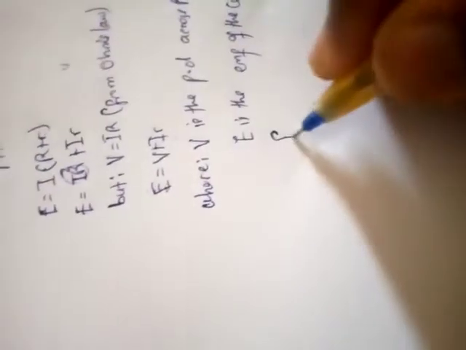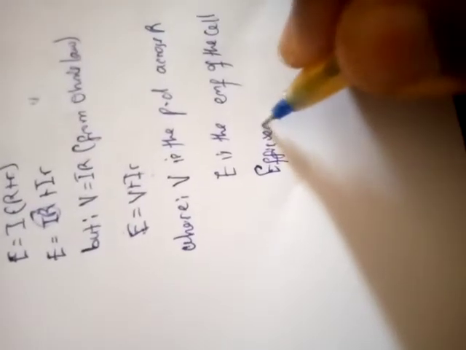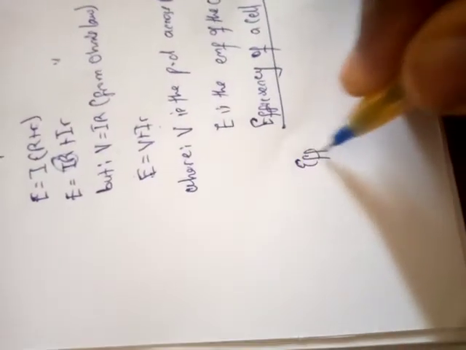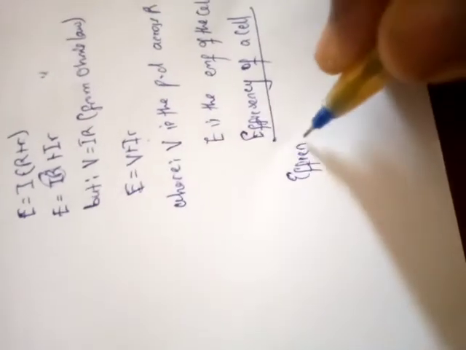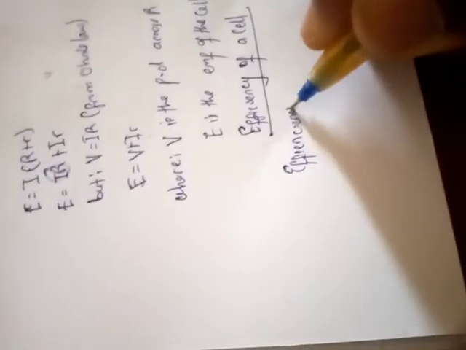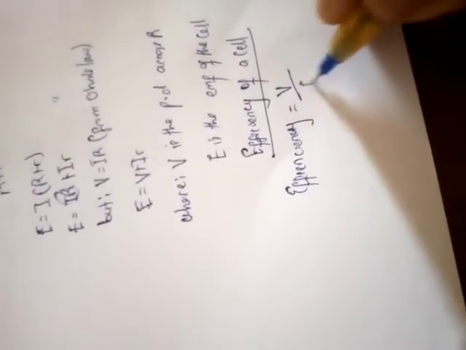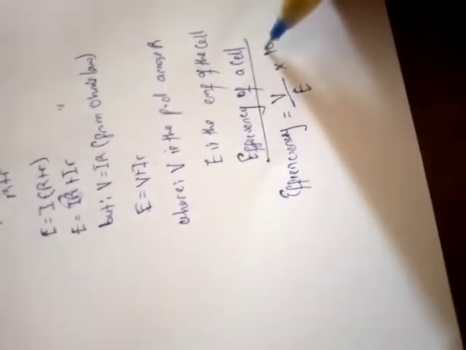Now we can move to efficiency of a cell. Efficiency is equal to V over E multiplied by 100%.